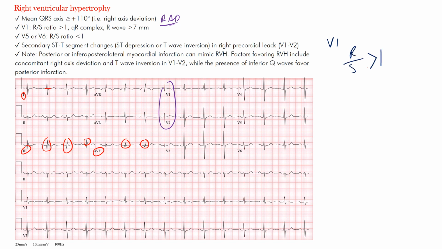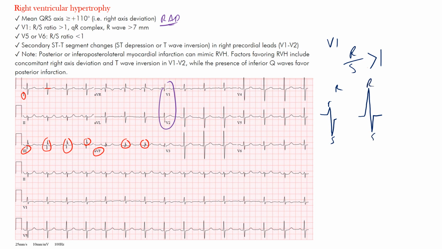So what does that mean? Well, if we draw a complex here, notice this is an R wave. So let's just draw that again. Here's an R wave, here's an S wave, okay? And then let's draw another one. Here's an R wave, and here's an S wave.